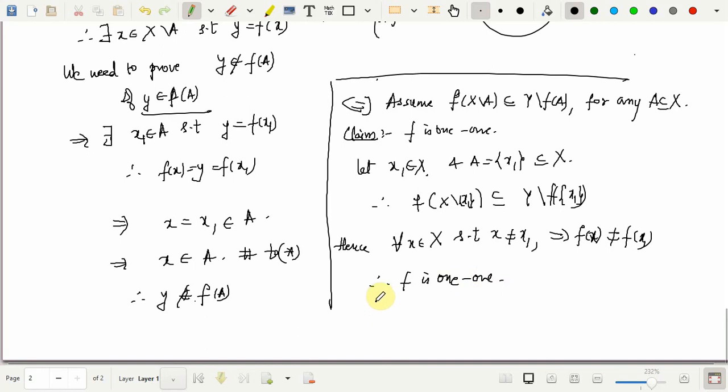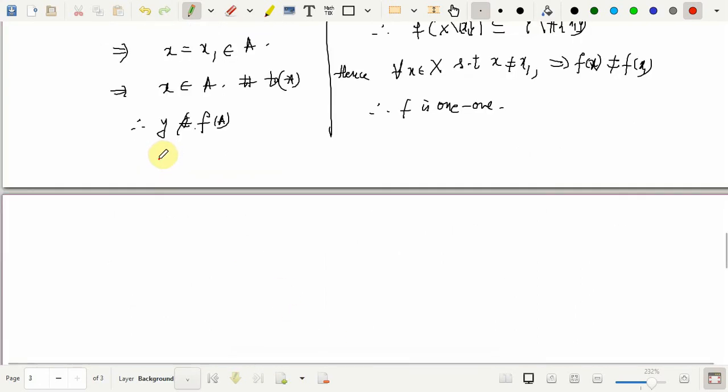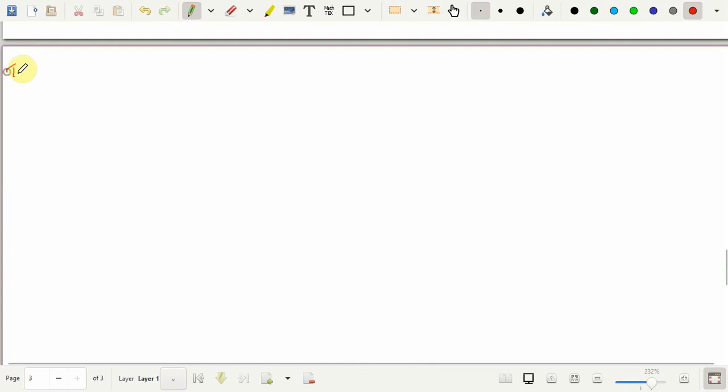Now combining these two results, we have a result wherein equality is attained, and that is true for a function which is a bijection. So the theorem: a function f from X to Y is a bijection.